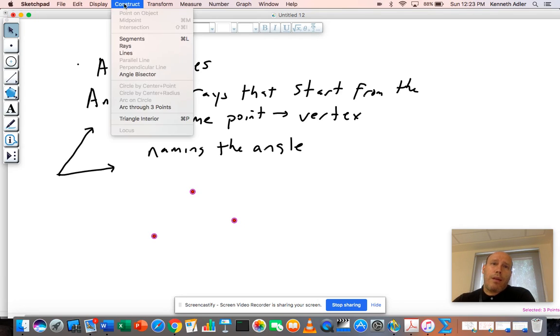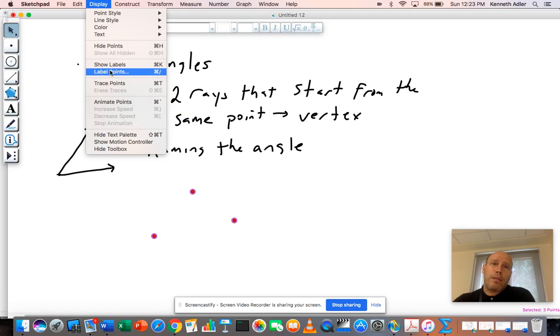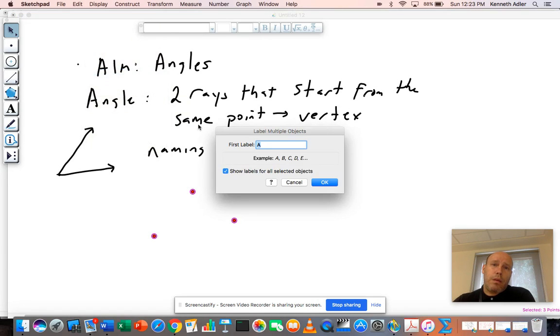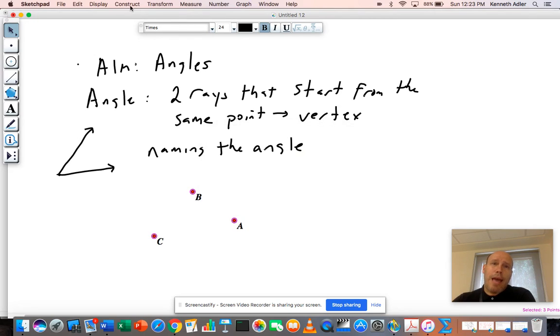And, let's see, I'm going to label the points. Let's label it A, B, C, and I'm going to construct segments. So I have a triangle, and so you might say, okay, Mr. Adler, this angle up here, that's angle B.